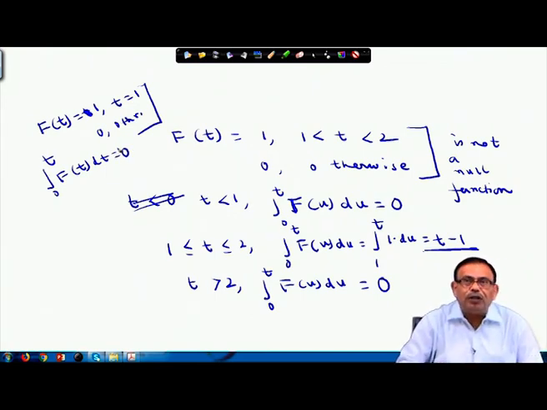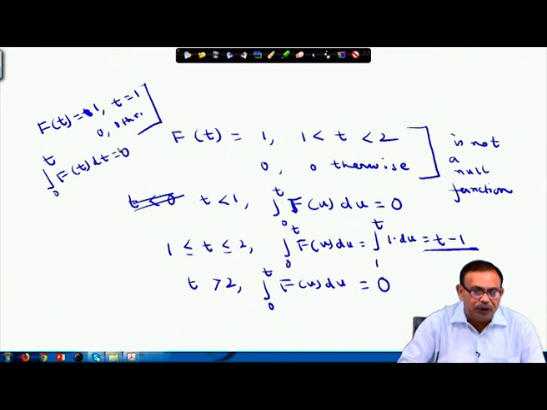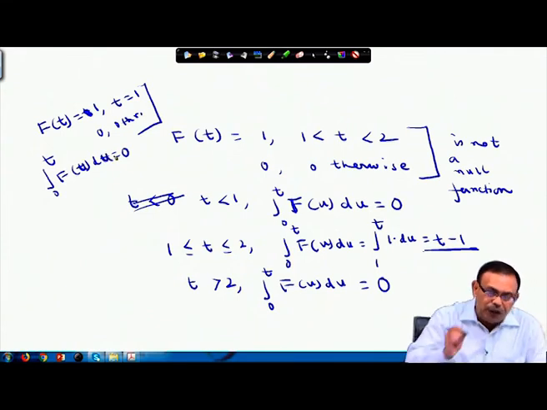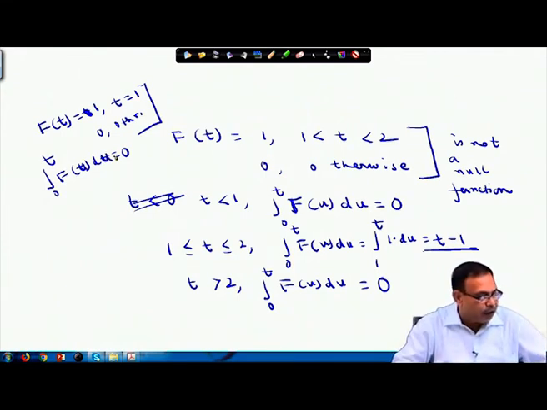So, a null function is a function such that whenever t greater than 0, if you integrate from 0 to t of f(u) du, then in that case your value will be 0.